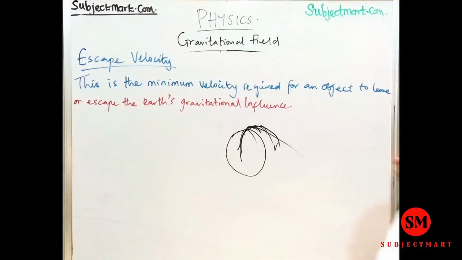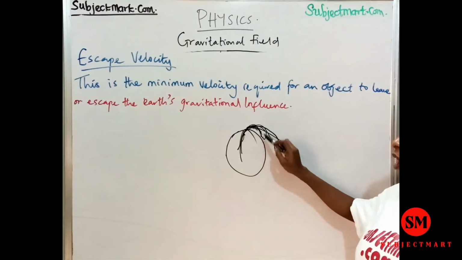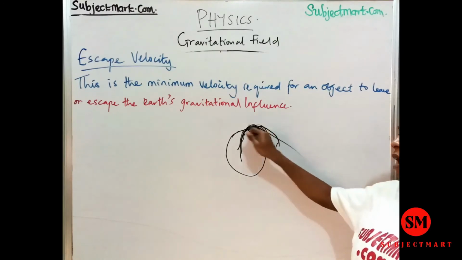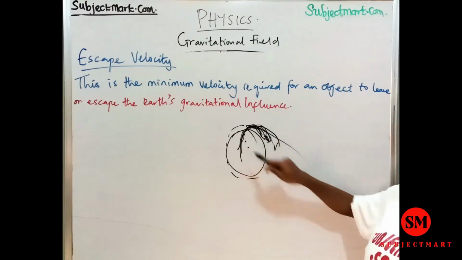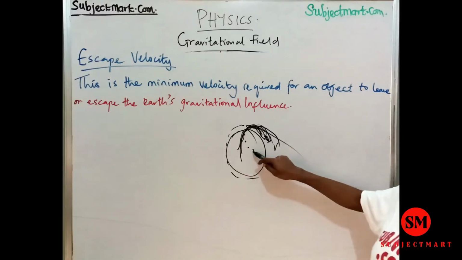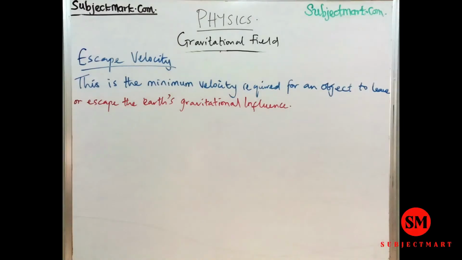Don't get me wrong, leaving the Earth's gravitational influence doesn't mean that there is no gravity out here, outside the Earth. There is, but the gravity in here is more than what you have. Escape velocity.